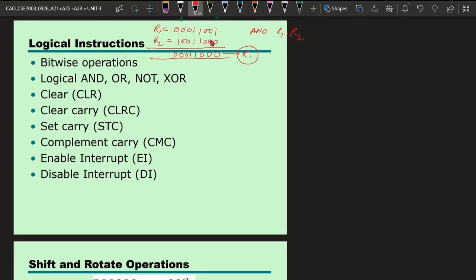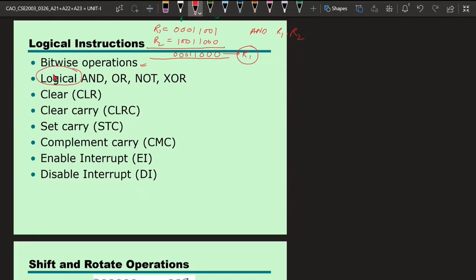So in terms of bitwise operations, it does the operation on the bits available at that particular memory location, or from the bits available in that particular register. So what about the logical operation?